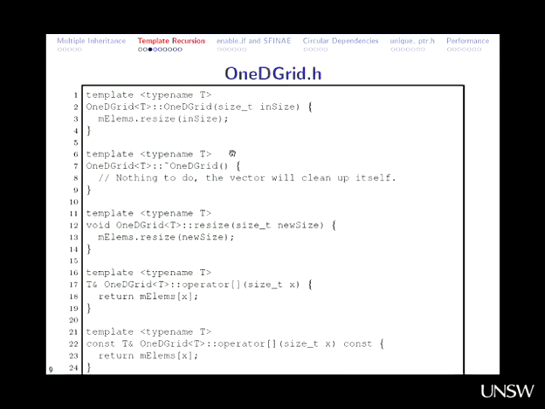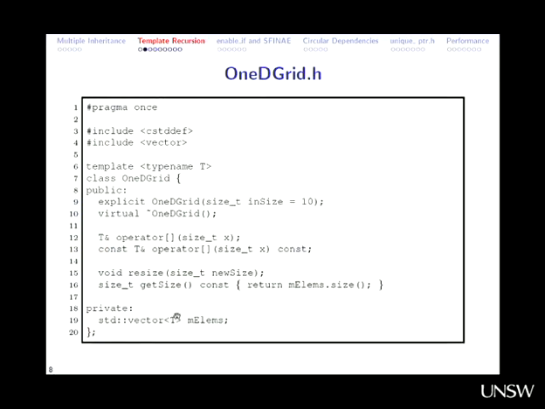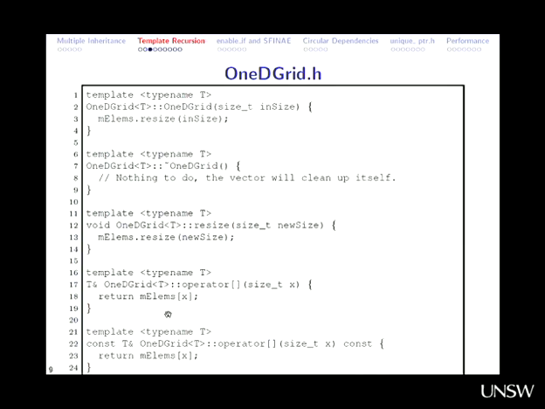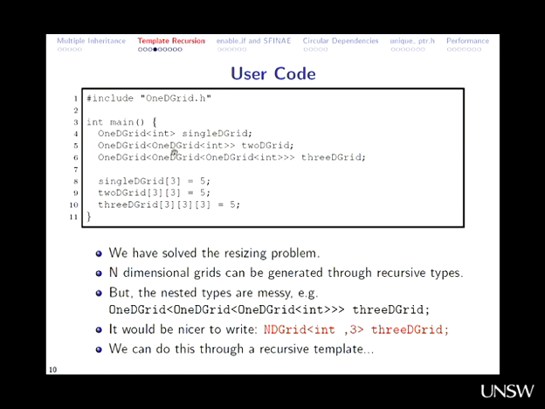Because if we scroll up, remember this is a vector of size T. So what we've done is create a 1D grid that stores a 1D grid. If we scroll back down, we have literally created a 1D grid that stores a 1D grid of ints.